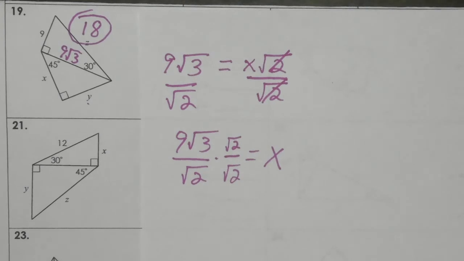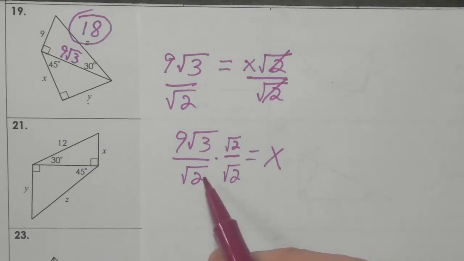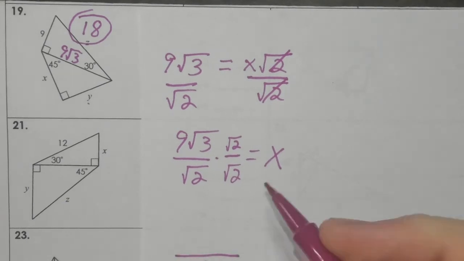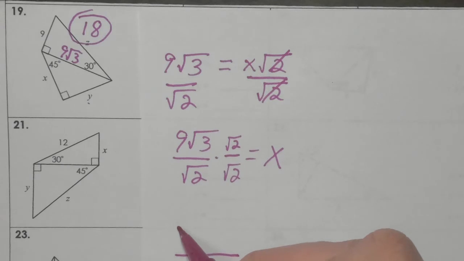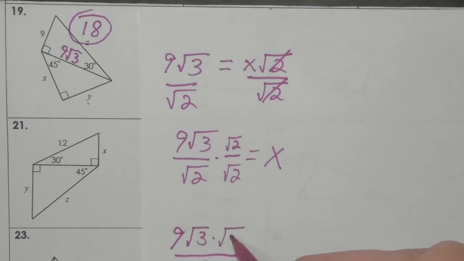So I'm multiplying by the square root of 2 over the square root of 2, which is essentially 1, and that's the whole reason you're able to do that, because when you multiply something by 1, it doesn't change its value. So square root of 2 times square root of 2, just multiplying the two denominators, will be 2. In the numerator, I will have 9 times the square root of 3 times the square root of 2.